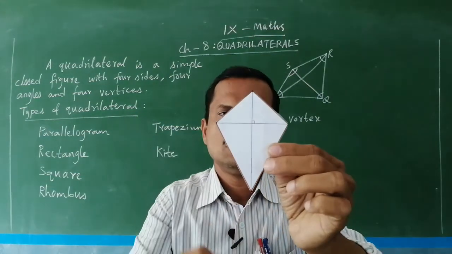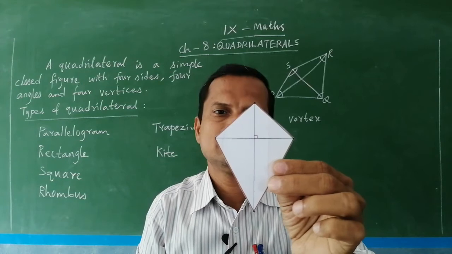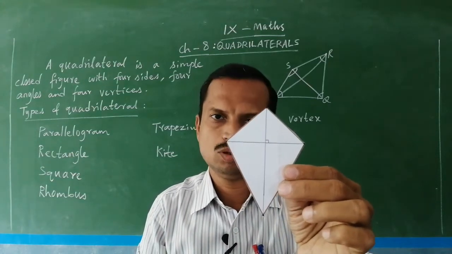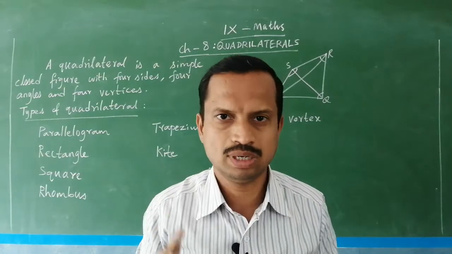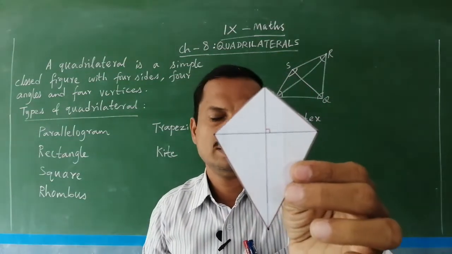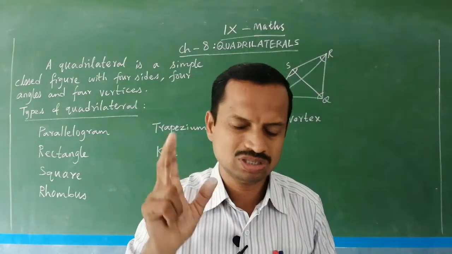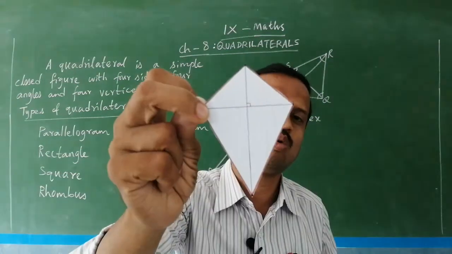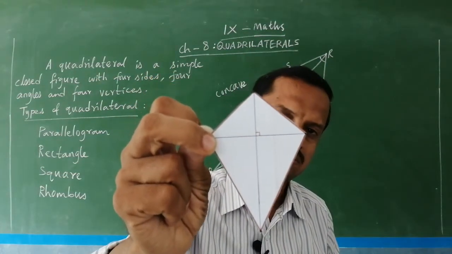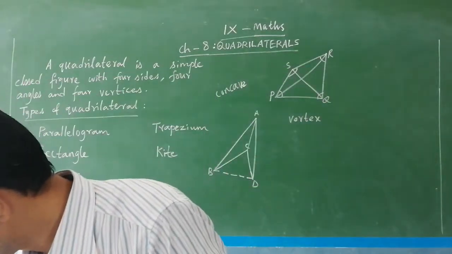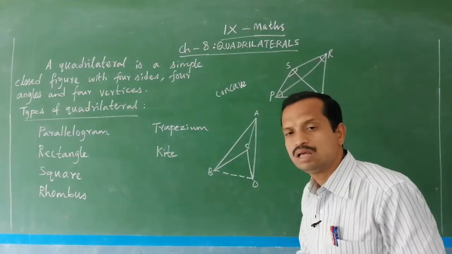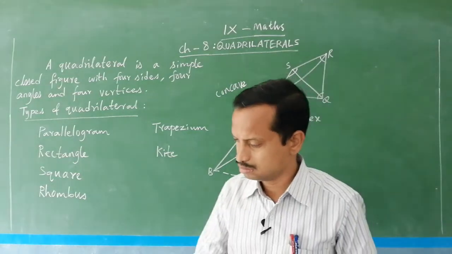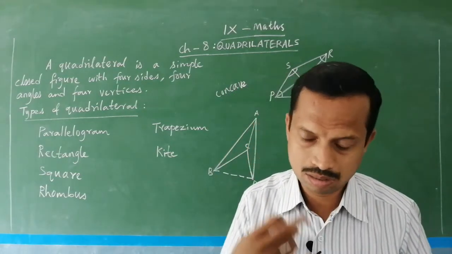So one is bisected by the other, and they are perpendicular. So we call it a special type of quadrilateral. This is called kite. Clear? So these are the types of quadrilaterals we learned in the 8th standard.